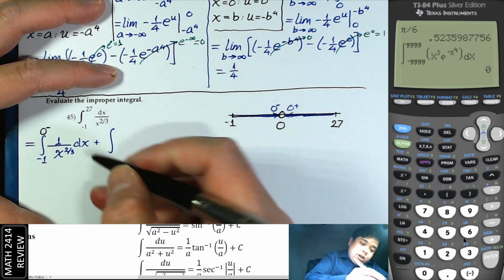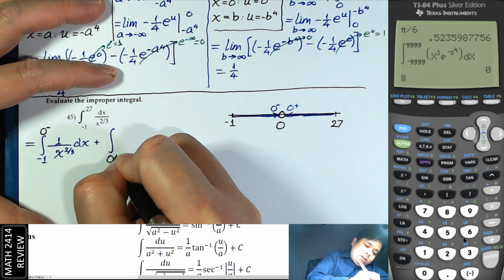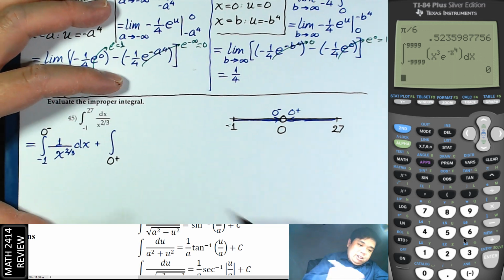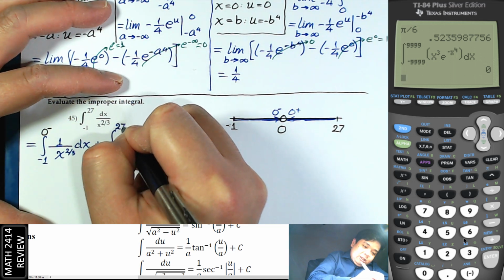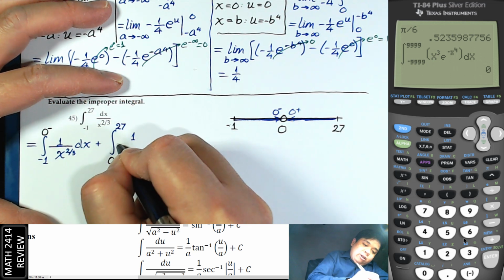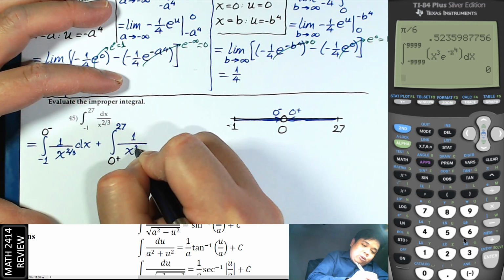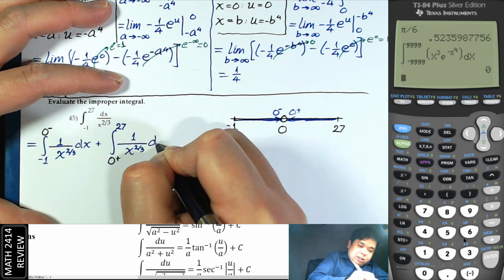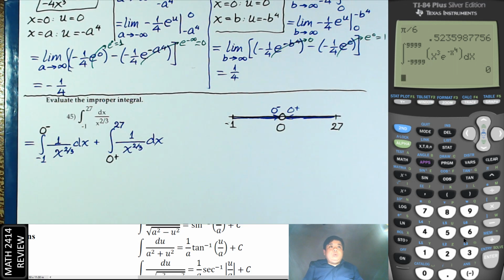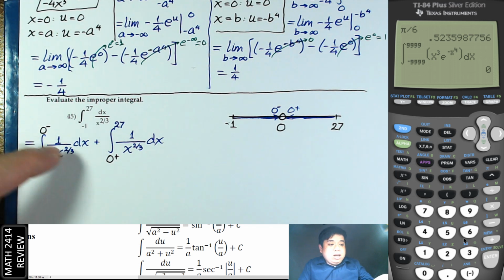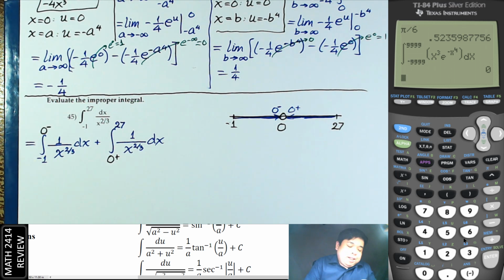And then from 0 plus all the way to 27, we have 1 over x to the 2/3 dx. So we have two improper integrals. We split in two. Of course, when we see this, we have to put the limit into it.